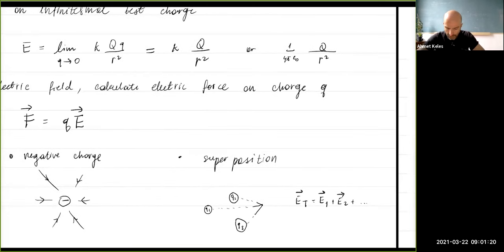Finally, we can also use this principle of superposition to draw these lines. If you have a bunch of charges put together, you can write the electric field of each at, let's say, this point, from this one, this one, and this one, and do the vectorial sum to find the net electric field at this point.